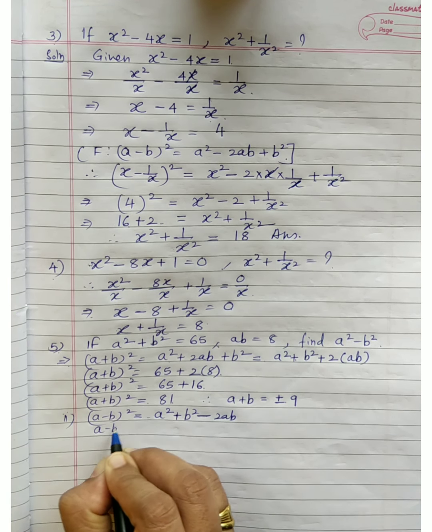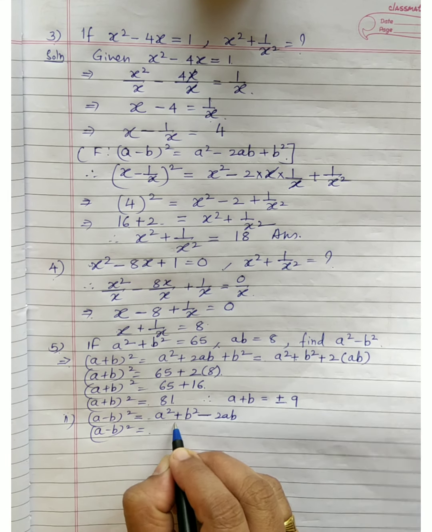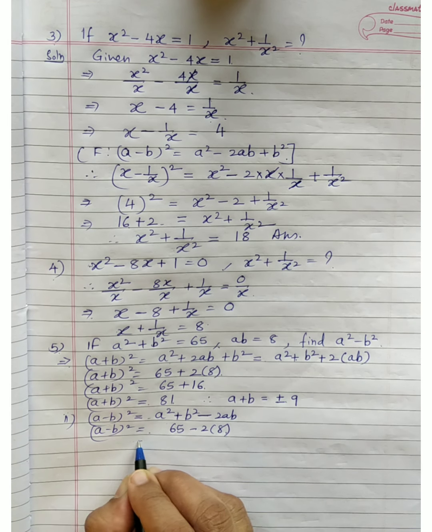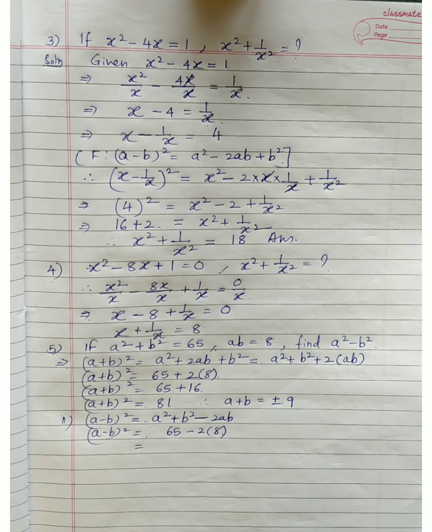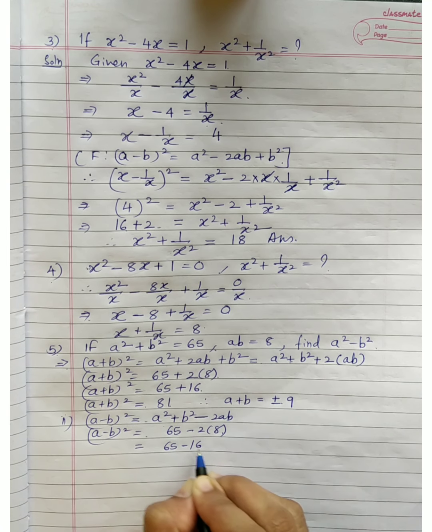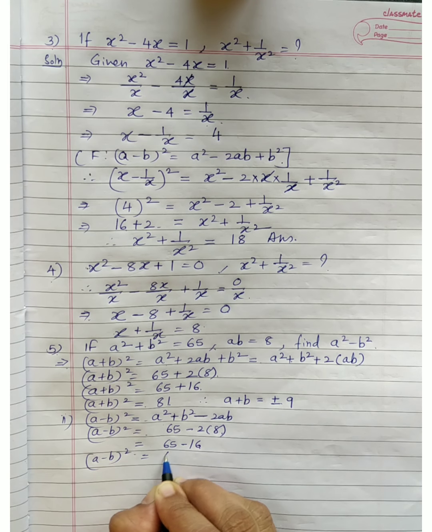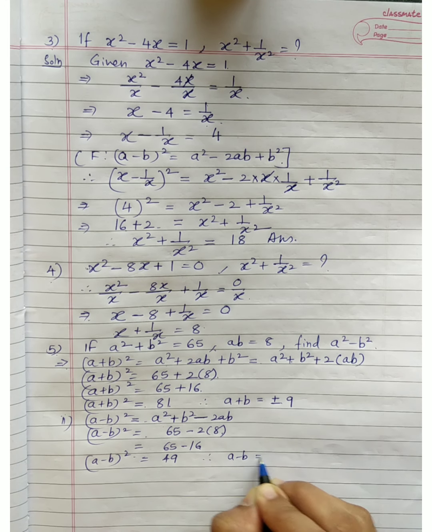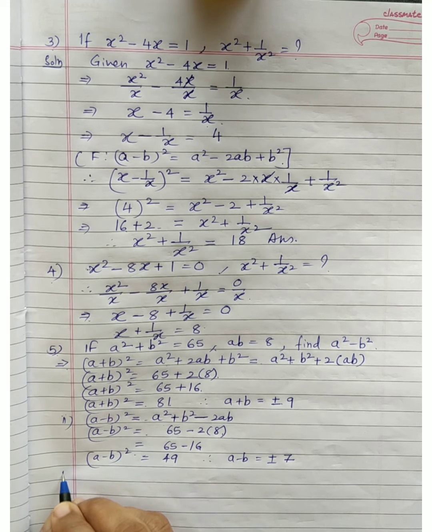So I get a minus b the whole square, that is a square plus b square is what? 65 minus 2 into 8, that is a minus b the whole square is what? 49. Therefore a minus b is equal to plus minus 7. Got it? Now go to the last part.